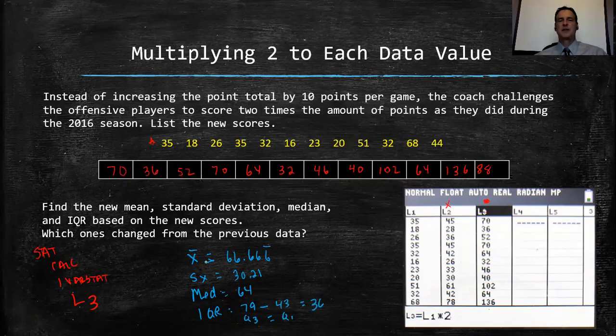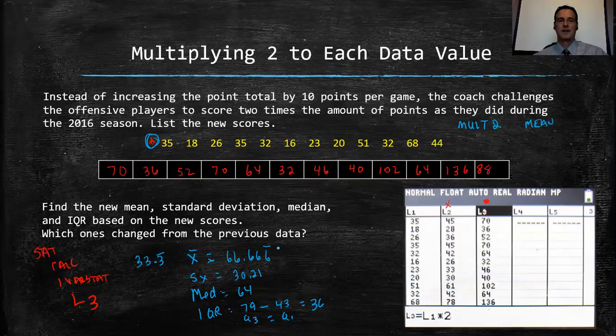Now, if you consider what your original data was for this group, remember your original X bar was 33 1/3. So by multiplying by 2, did it change your mean? It did change your mean.